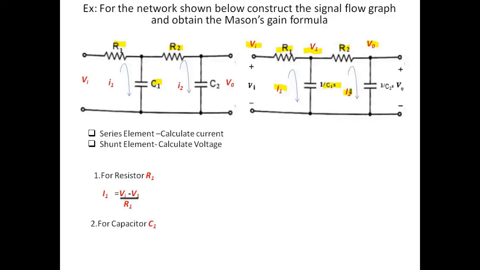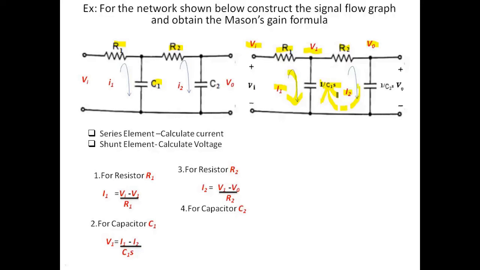Number 2, for capacitor C1, we have the flow of current I1 as well as I2, so the voltage across the capacitor is given by (I1 minus I2) divided by C1S. Then number 3, for resistor R2, as R2 is in between V1 and V0, the current flowing through the resistor, I2, is given by I2 equal to (V1 minus V0) divided by R2.